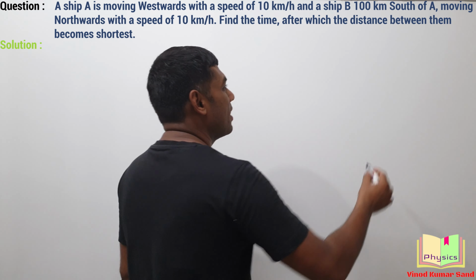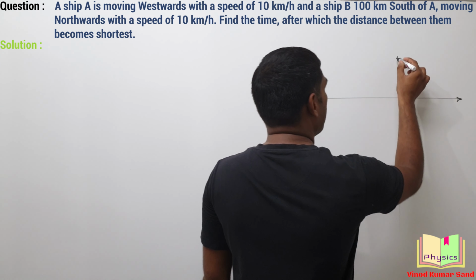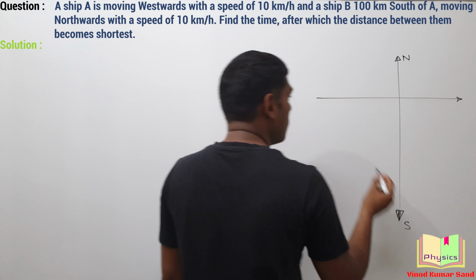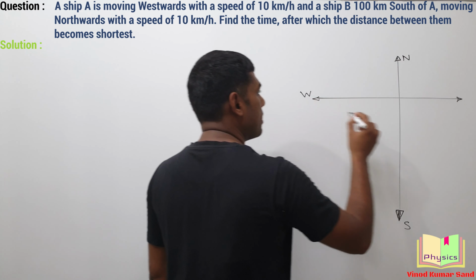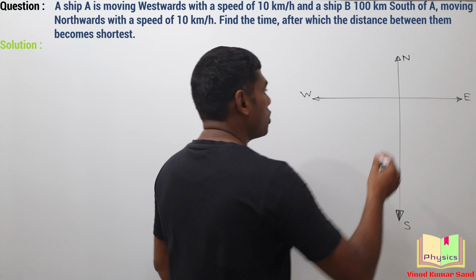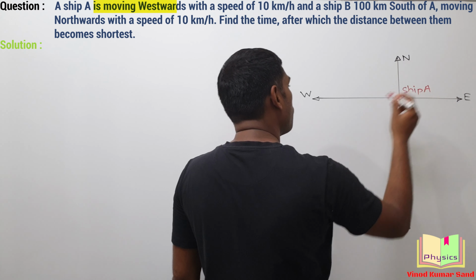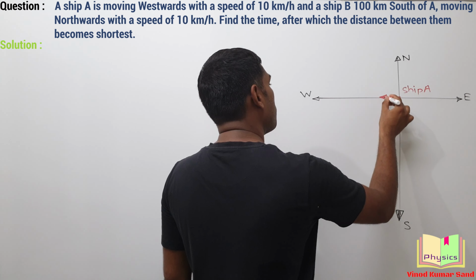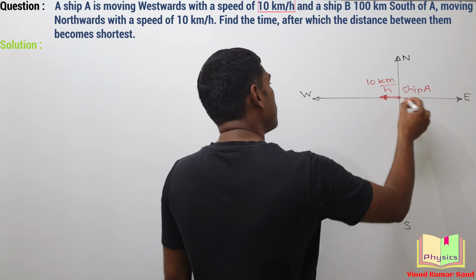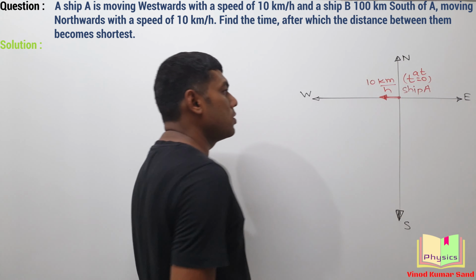Let's begin. Suppose in this direction we consider the north. Here we consider the south. This is west and here is the east. According to the problem statement, ship A is moving west with a speed of 10 km per hour. This is the position of ship A at t equals 0.